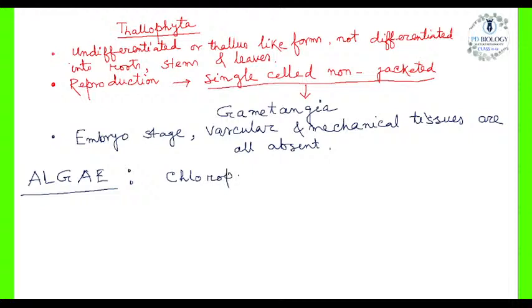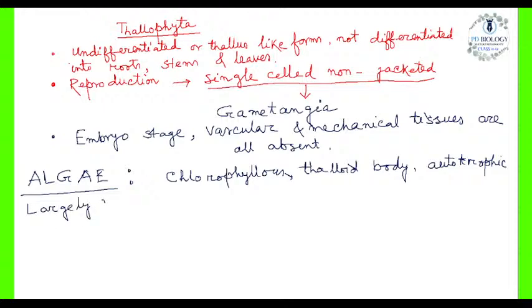Chlorophyllous, thalloid body, autotrophic, largely aquatic, and they are both freshwater and marine.